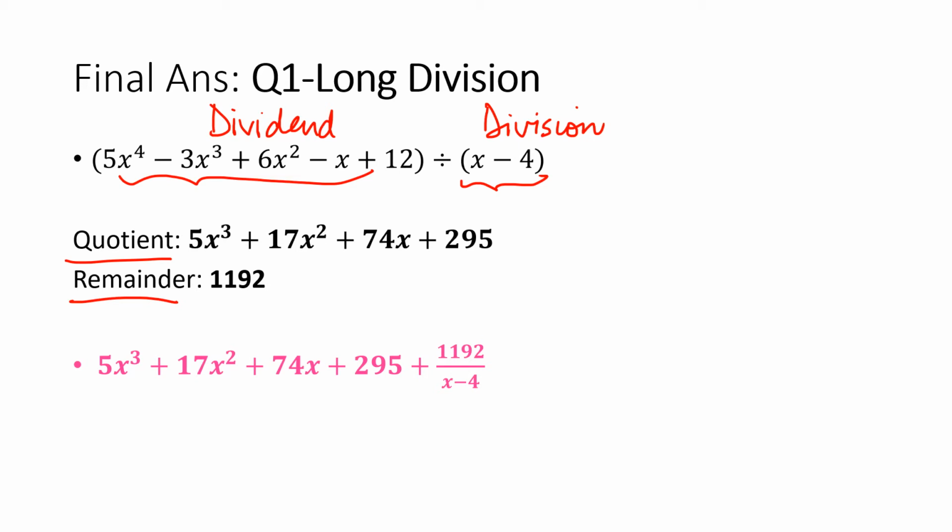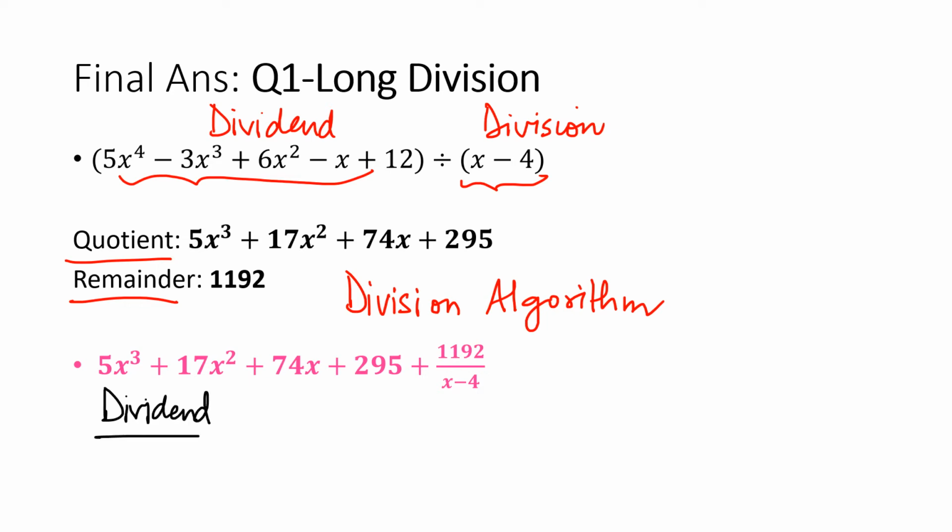So in order to give the final answer, now we will write this using the division algorithm that I explained to you in the beginning of the session. So let me just highlight. So you write your dividend divided by divisor as equal to quotient plus remainder.